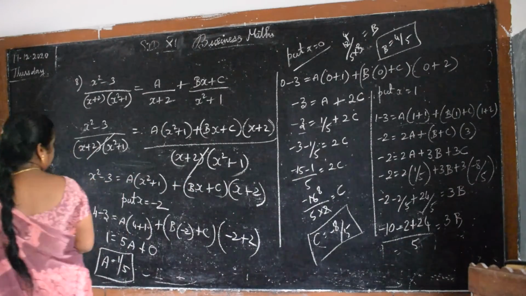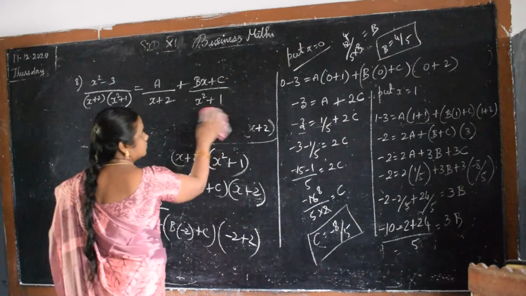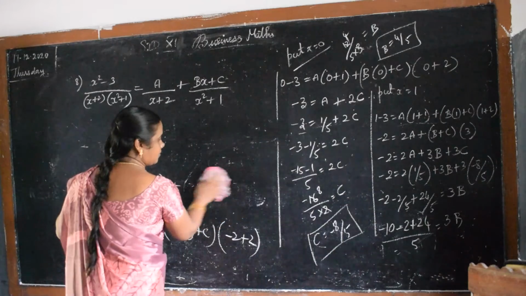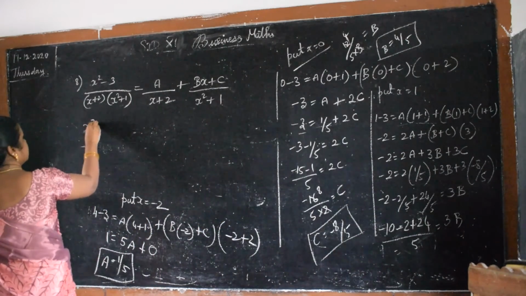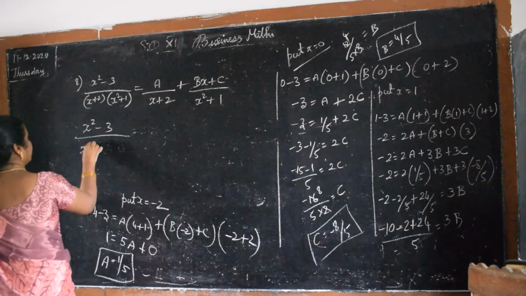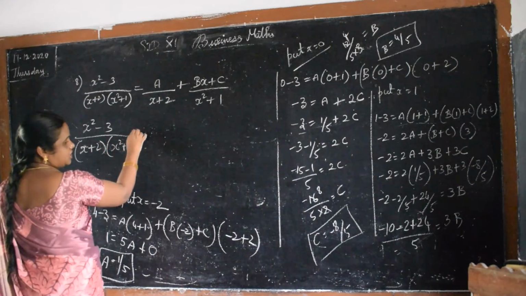Substitute here. See, write the question here: (x² − 3)/((x + 2)(x² + 1)) is equal to a/(x + 2).